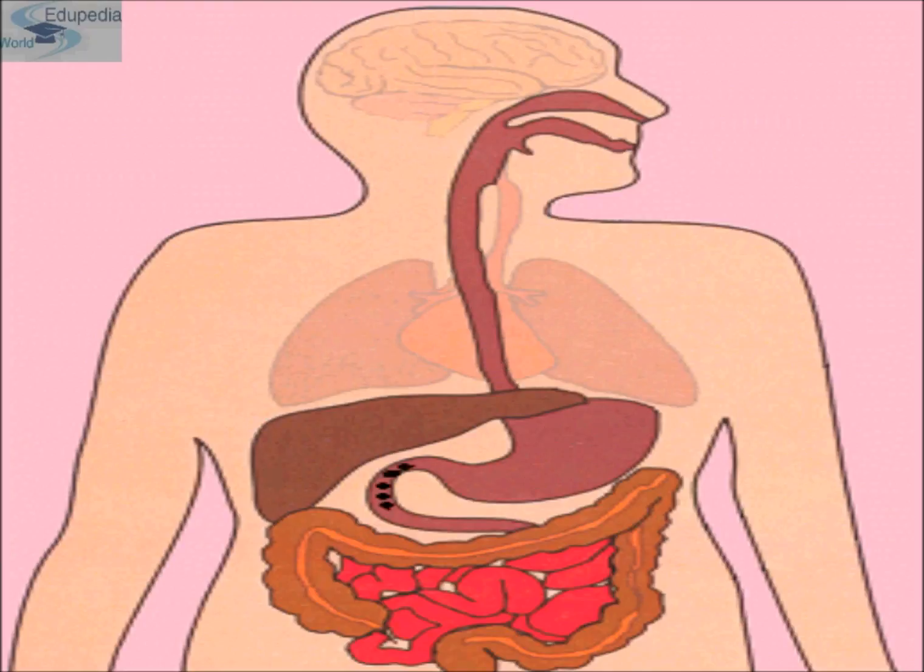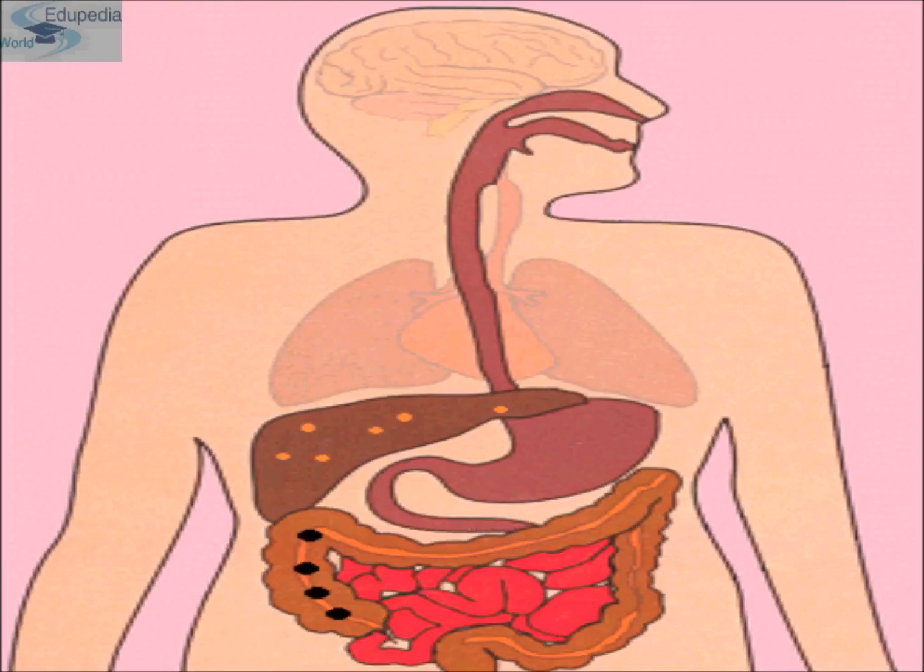The bolus next moves into the esophagus. It moves along the esophagus by contraction of the portion of the esophagus above the bolus and the expansion of the portion below. Thus, it is pushed forward and then the next region is contracted and expanded. This alternate wave of contraction and expansion is called peristalsis.